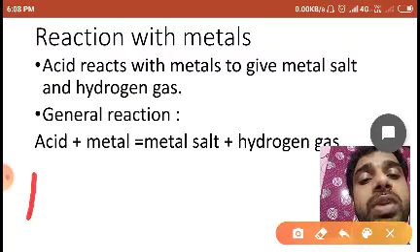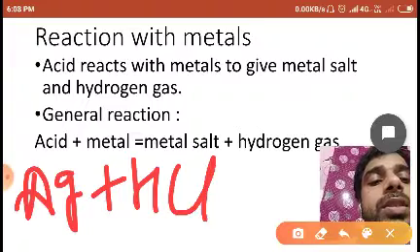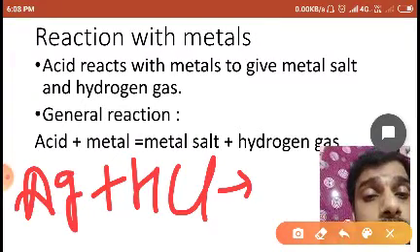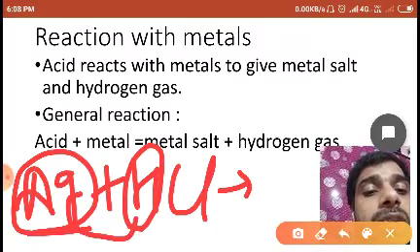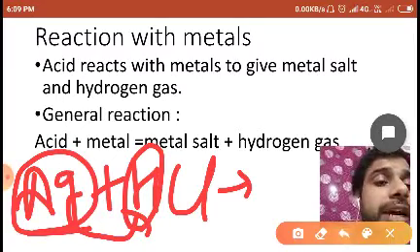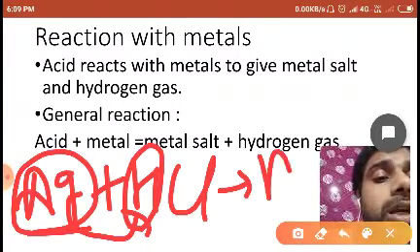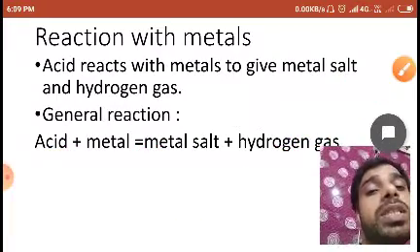But what happens when I take silver plus HCl? You know, Ag is less reactive than hydrogen, so Ag does not have the ability to displace hydrogen from its position, so no reaction would occur. So you must know these things.